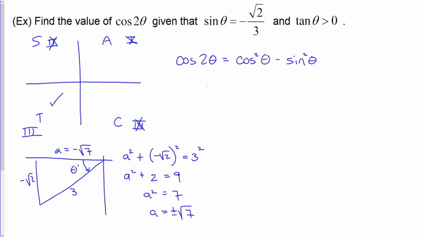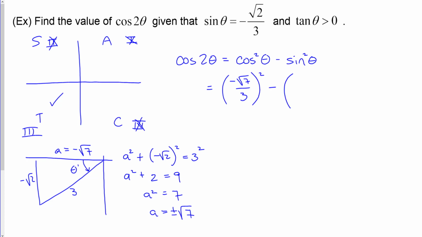Okay, so cosine of 2 theta is going to be cosine squared of theta. Cosine is the adjacent over the hypotenuse, so that's the negative square root of 7 over 3, and then we square that value.